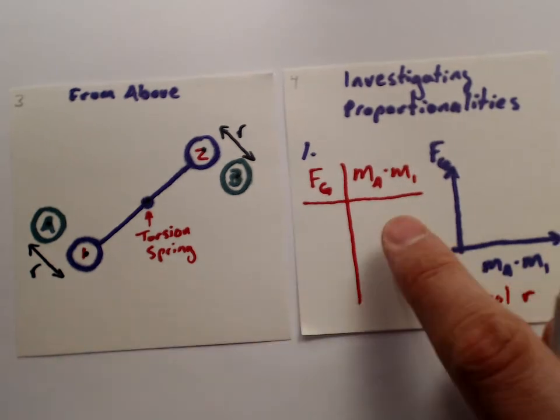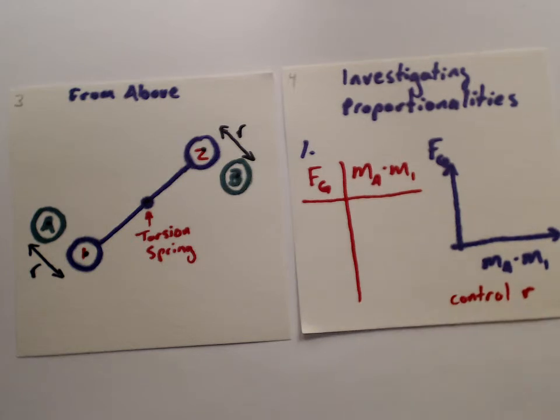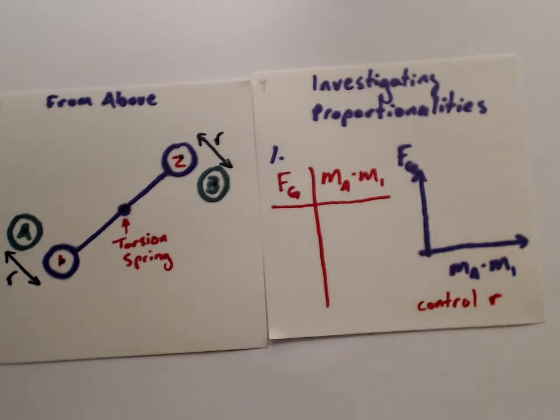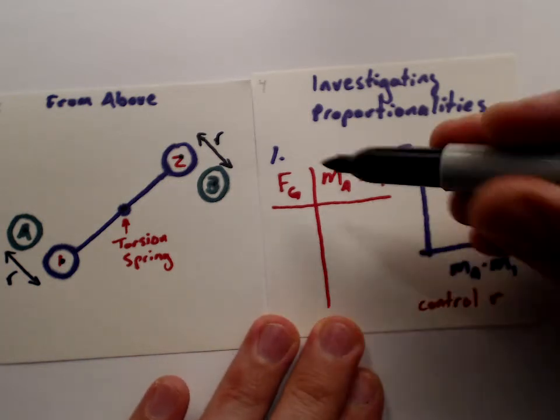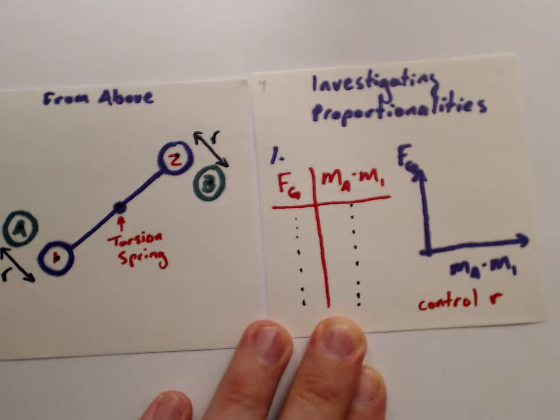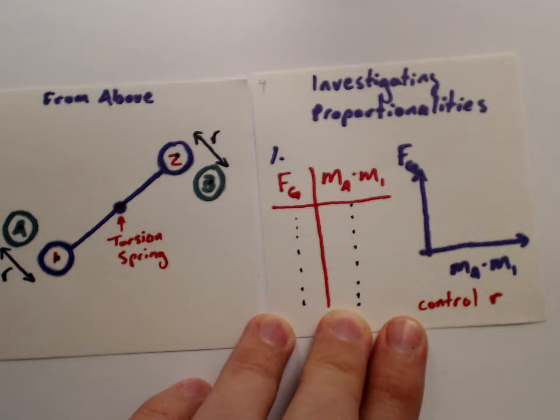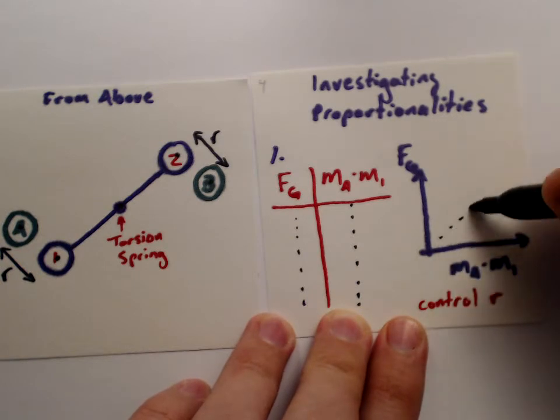Well, first of all, let's just talk about varying the masses but keeping a constant R value. So keeping the initial R value as a control variable, and mapping out all the F values for all the different combinations of masses, that would be multiplied together to make a product, you actually build up a whole bunch of data that looks something like this.